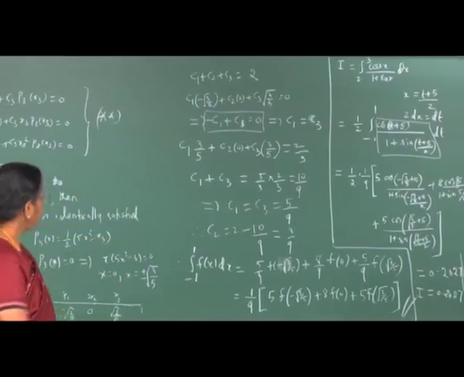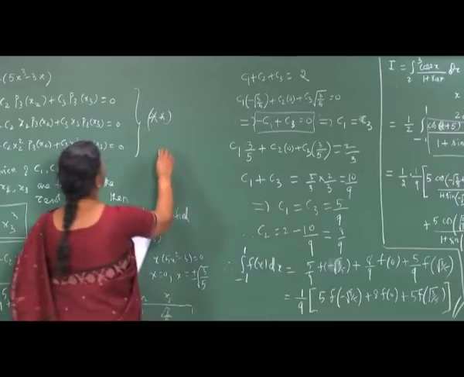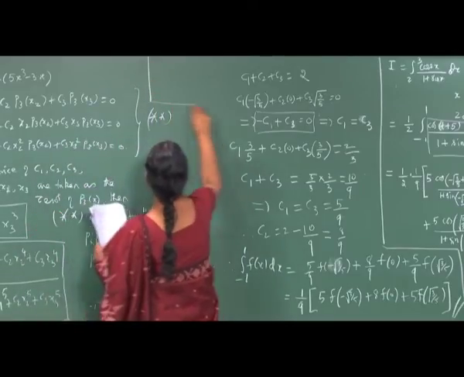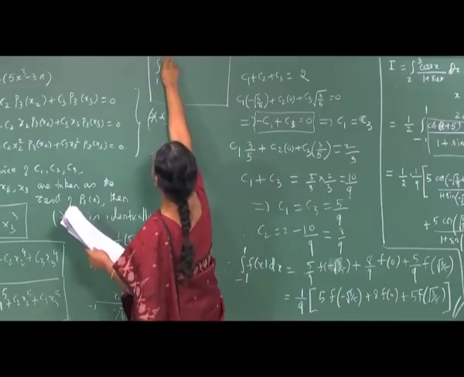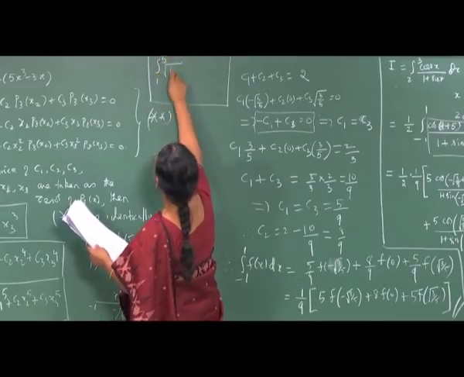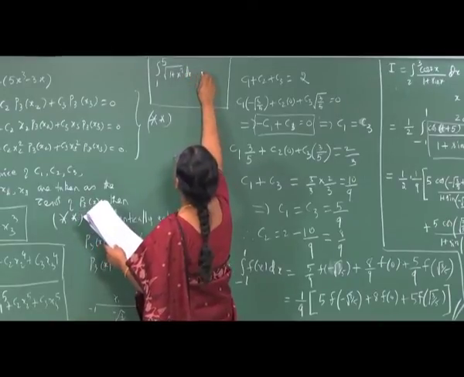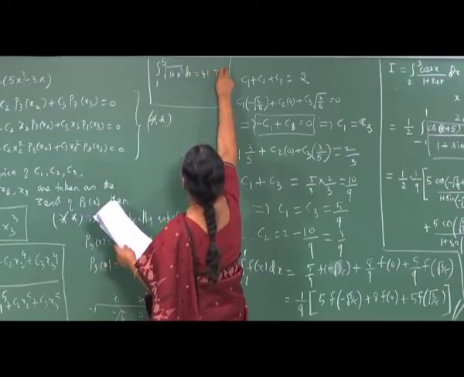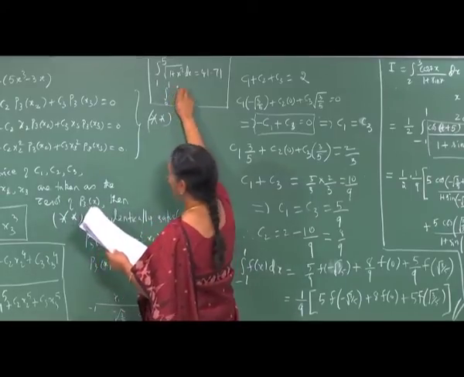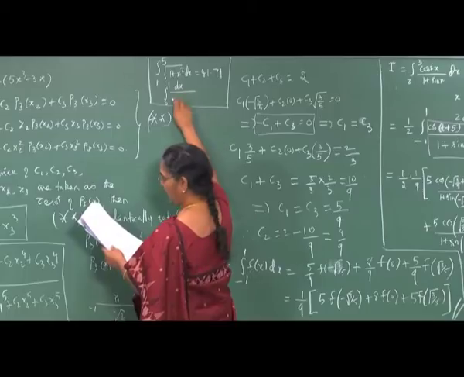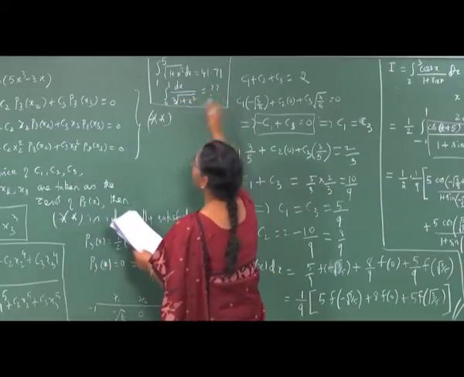So, please use this technique of 3-point Gaussian integration method and solve the following. Show that integral 1 to 5 root of 1 plus x square dx is equal to 41.71. Evaluate integral 0 to 1 dx by cube root of 1 plus x square.